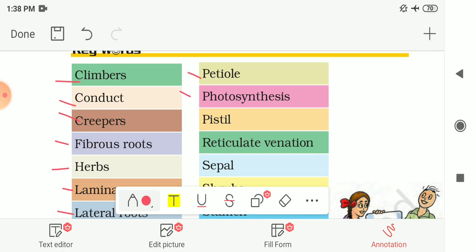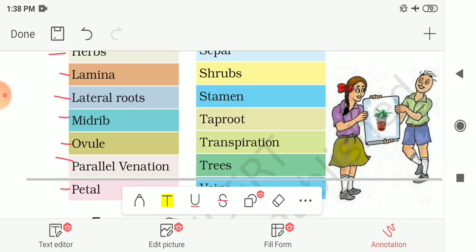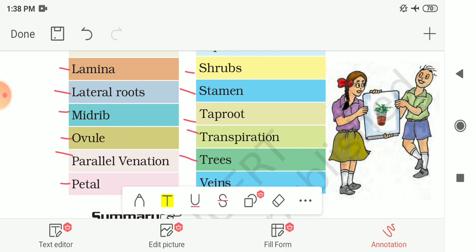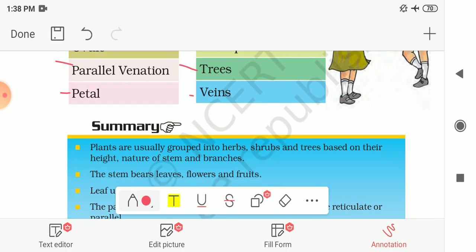Next is photosynthesis. Then next is pistil. Next one is reticulate venation. Next one is sepal. Then next is shrubs, stamen, taproot, transpiration, trees, and veins. So these are the hard words for this chapter.